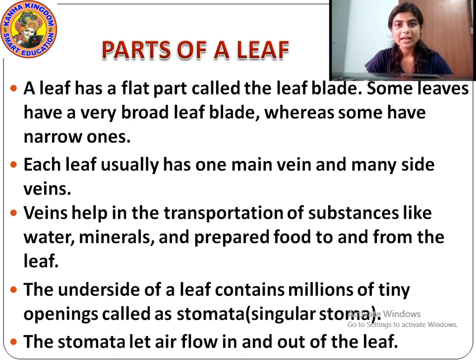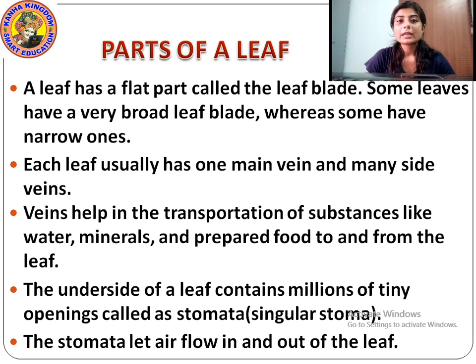The function of these veins is to transport water, minerals and food substances to the different parts of the leaf, and also from the leaf and to the leaf. It transports the water, minerals and prepared food to different parts of the plant.